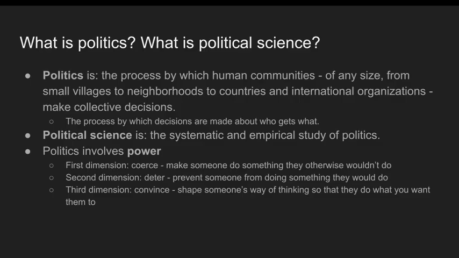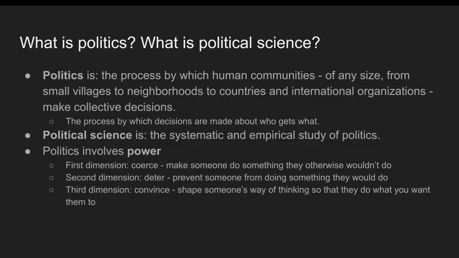Politics is the process by which people in communities of various sizes, from neighborhood associations, community associations, condo associations, all the way up to local governments, state governments, federal governments, and even international organizations, make collective decisions about who is supposed to get what.